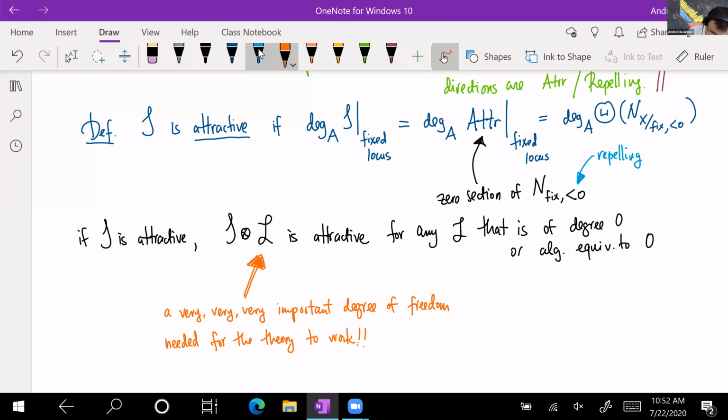But you can ask, what's the degree of freedom? You might have seen this degree of freedom before.